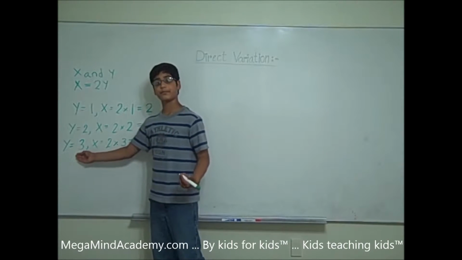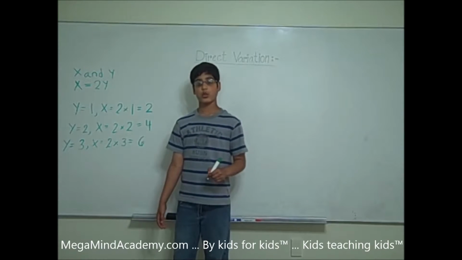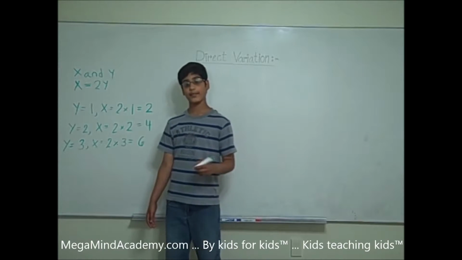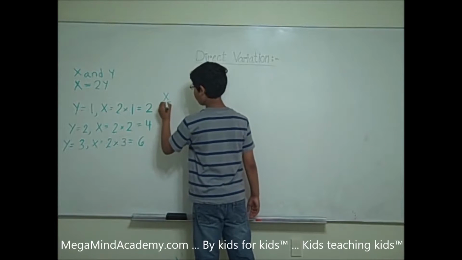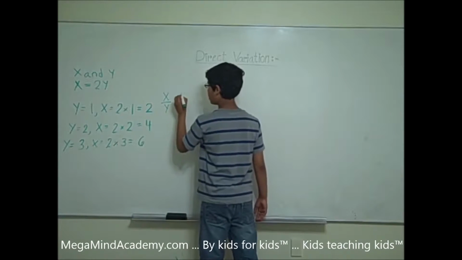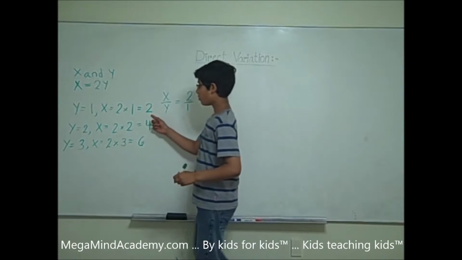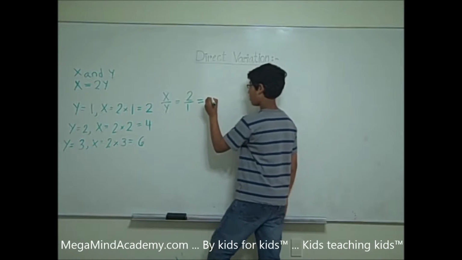Let's find the ratio of X to Y, or the fraction of X over Y. X over Y is equal to 2 over 1, which is equal to 2.